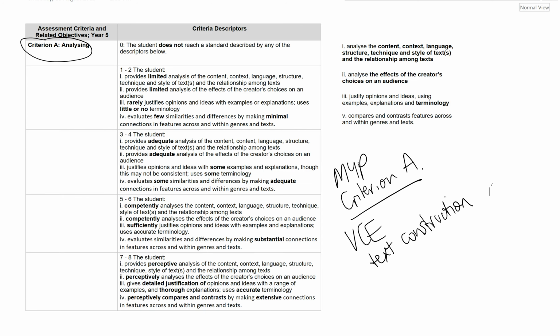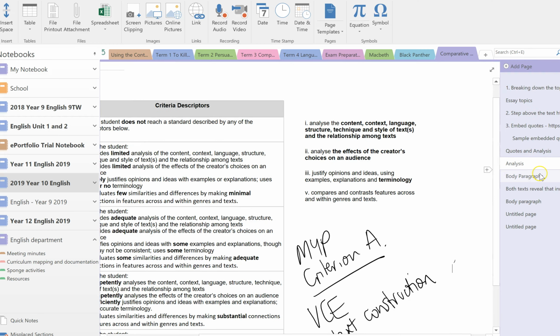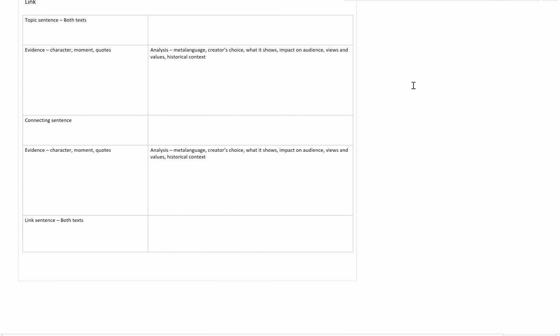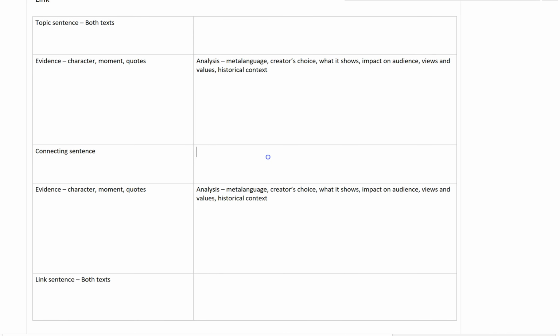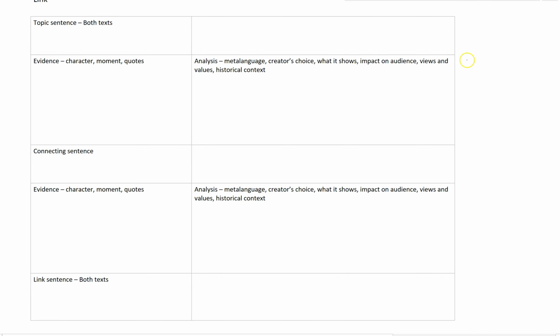Particularly in our body paragraphs, if you see this section here, this is a template, I guess, an empty table about our body paragraphs. So you can use this as a graphic organizer to help get your ideas ready.